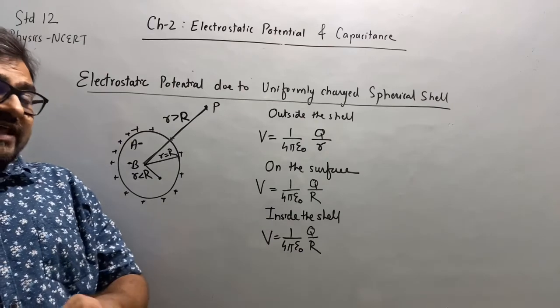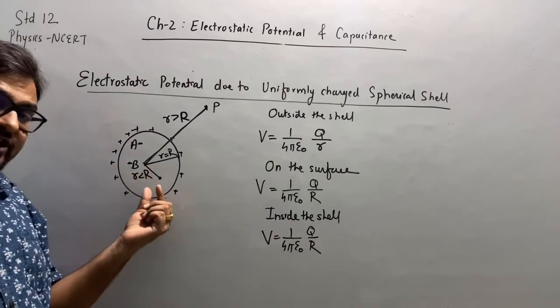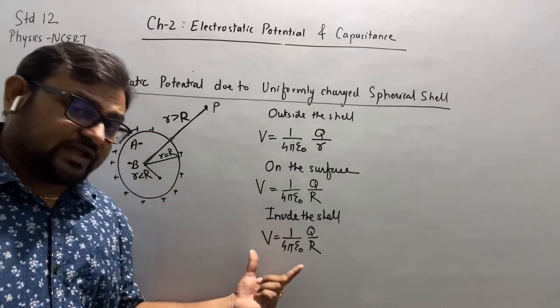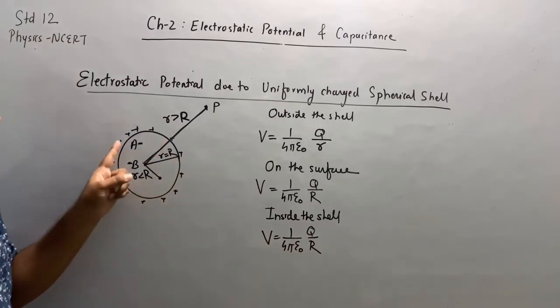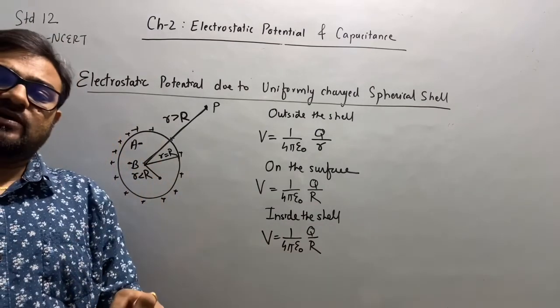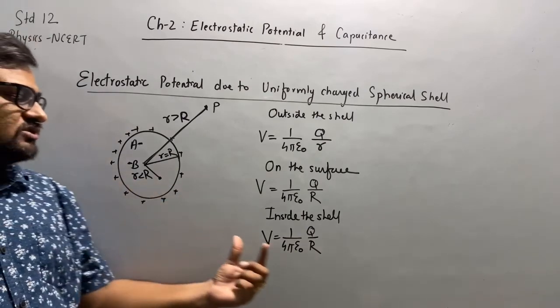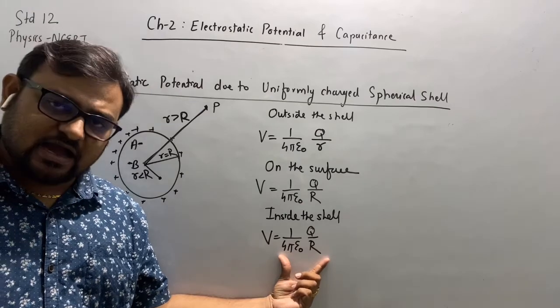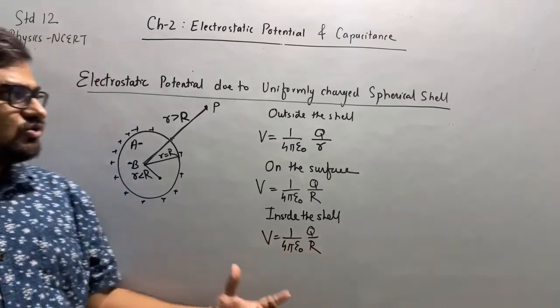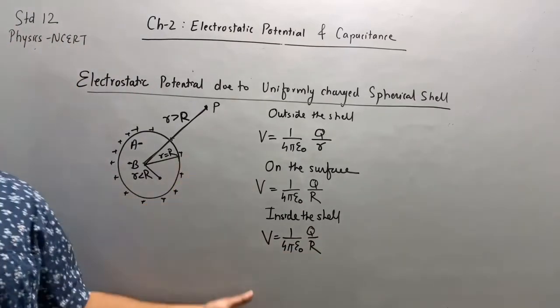The electric field inside the shell is 0, but the potential is not 0. At every point inside the shell, the potential is same, and it is 1 by 4 pi epsilon 0 q by R. Clear? So note down these three formulas.